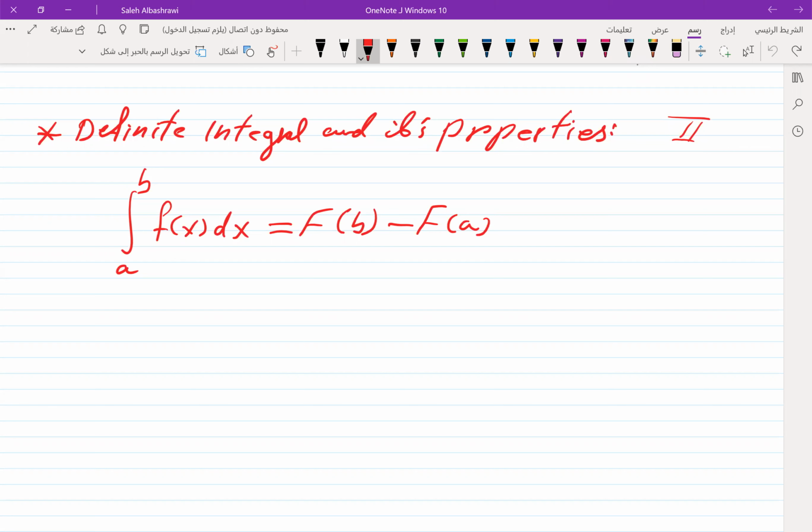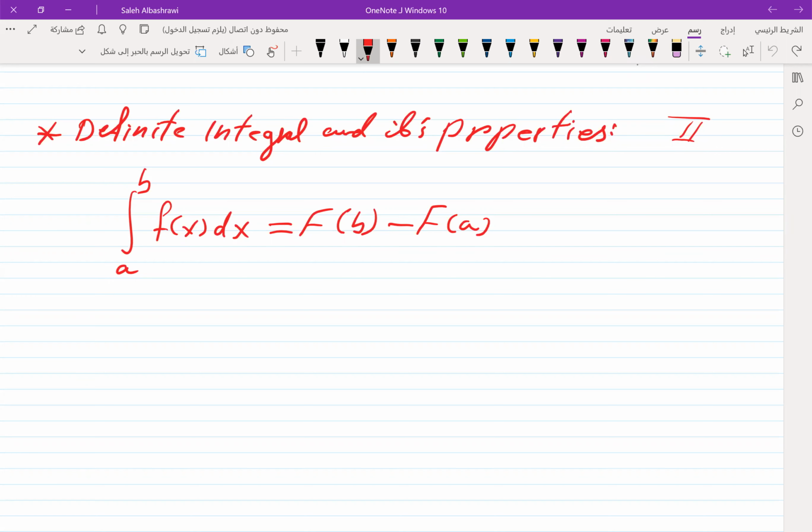We say that the definite integral is just integration with limits, an upper limit and a lower limit, and we need to find the value of the function between these two limits, a and b.